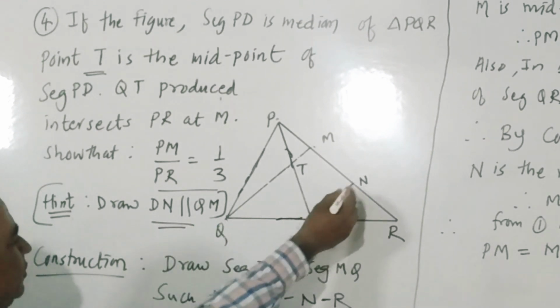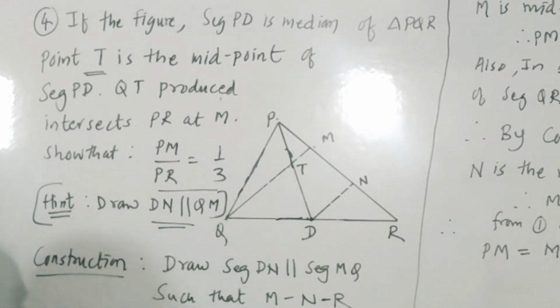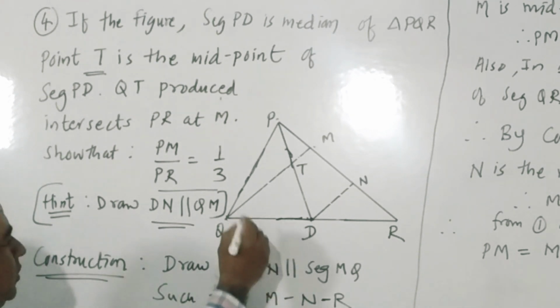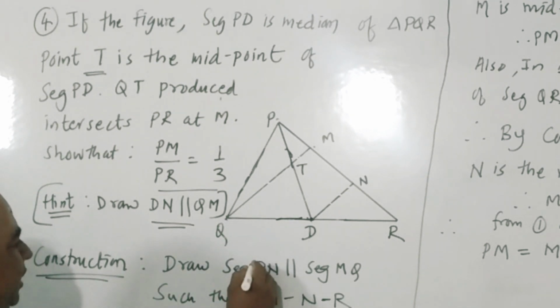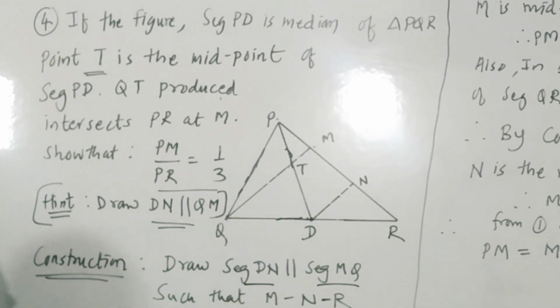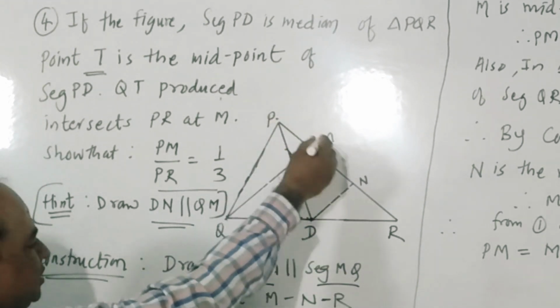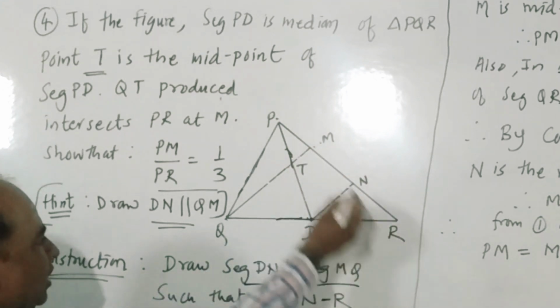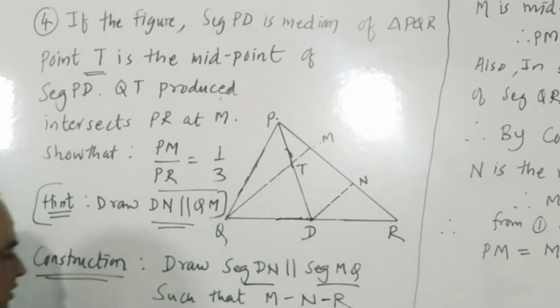Draw DN parallel to QM. It is a hint. So our construction is to draw DN parallel to QM, such that it meets PR at N. In this manner, it is parallel.